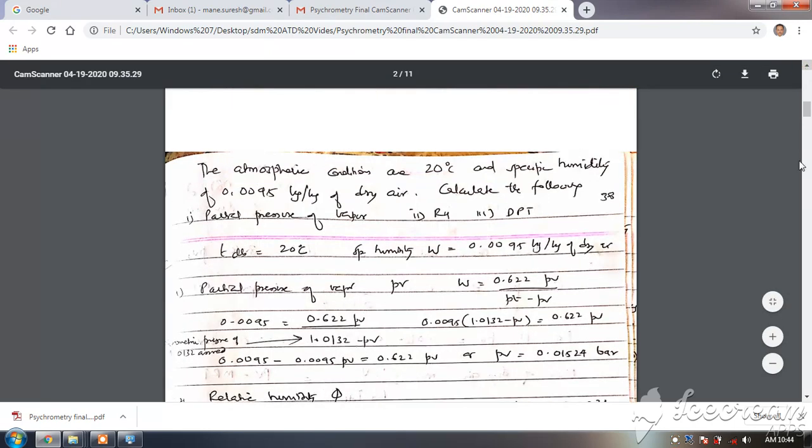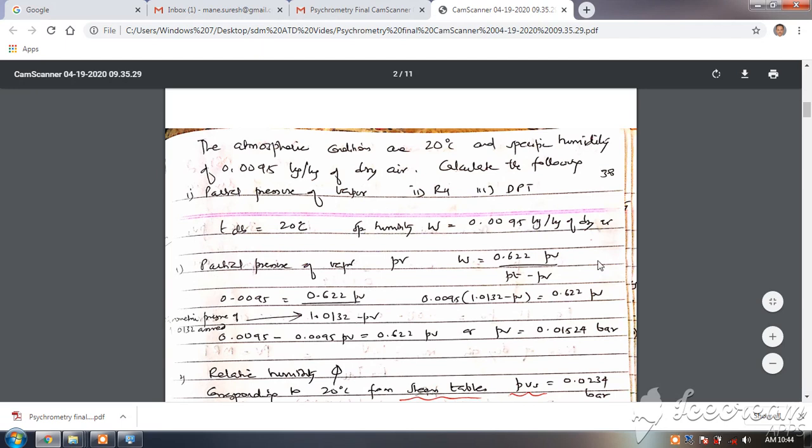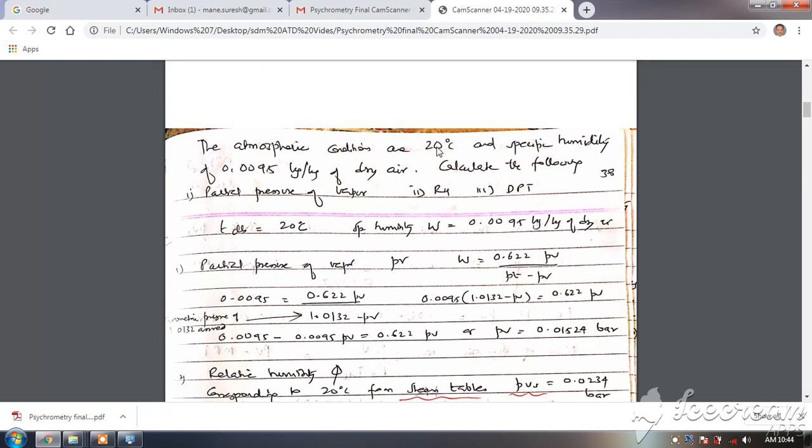Now you have seen that when the temperature is given straight away as 20 degrees, you have to consider that as the dry bulb temperature. When the dry bulb temperature is known, take the steam table and find the saturation pressure; that will be PVS, the partial pressure of vapor at saturation.